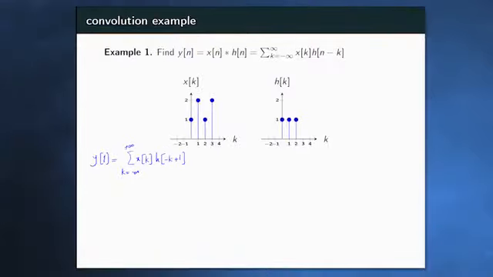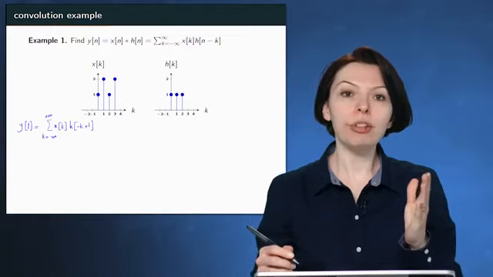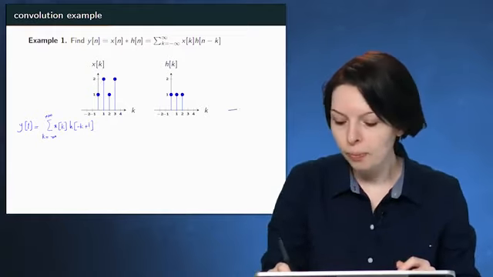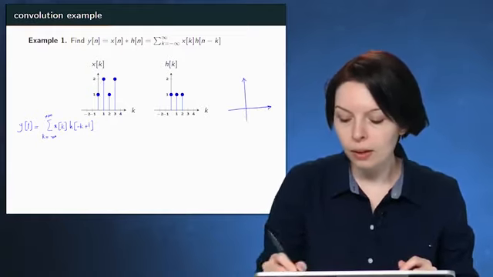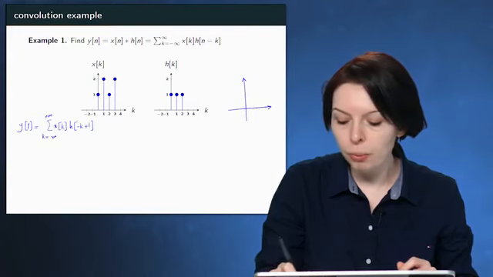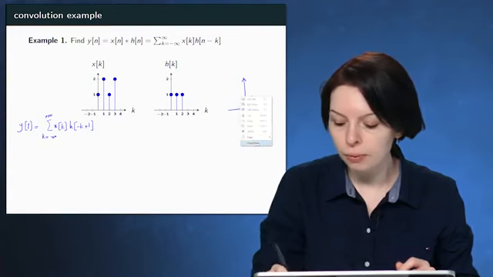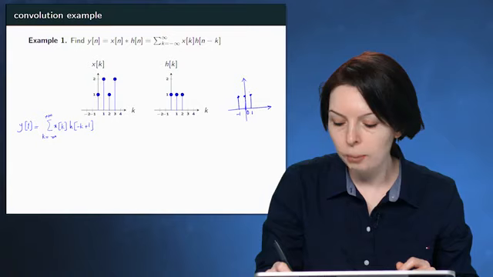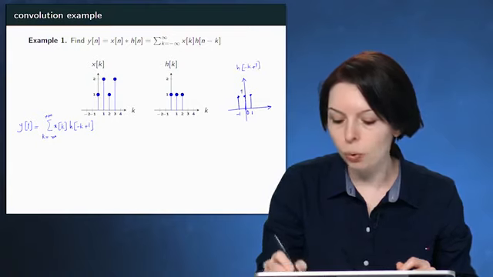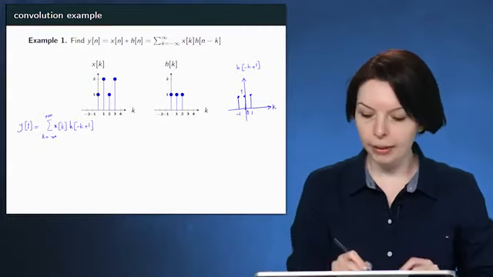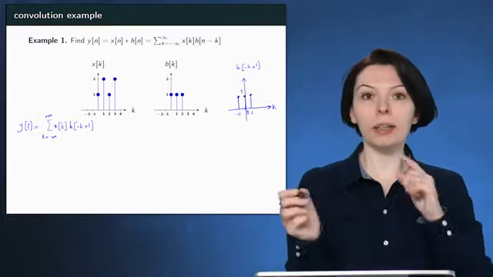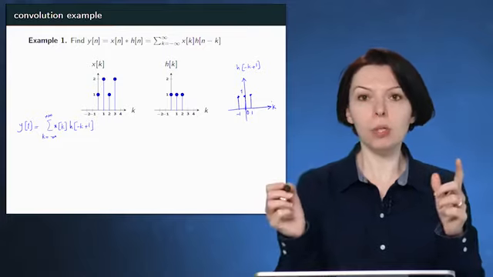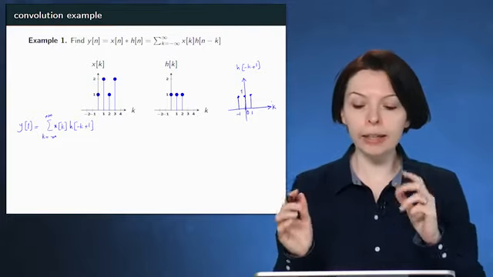So I need to flip h of k and then shift it by 1 point to the right. I'm going to flip it and shift it by 1 point, so that's going to give me -1, 0, 1. The amplitude is 1, and this is h of negative k plus 1 as a function of k. All right, so I'm ready to multiply x of k and h of negative k plus 1, these two signals point by point for all k values.